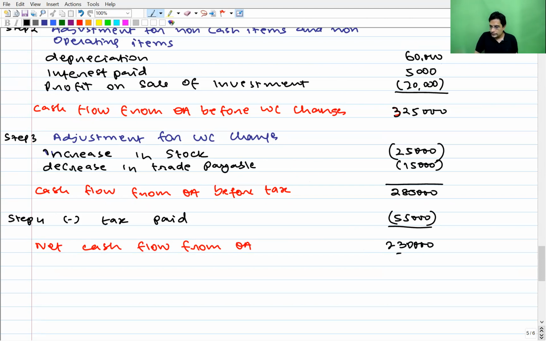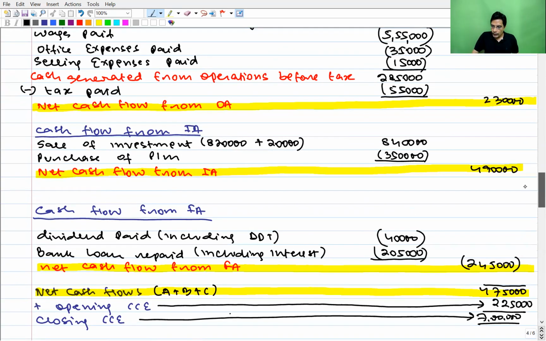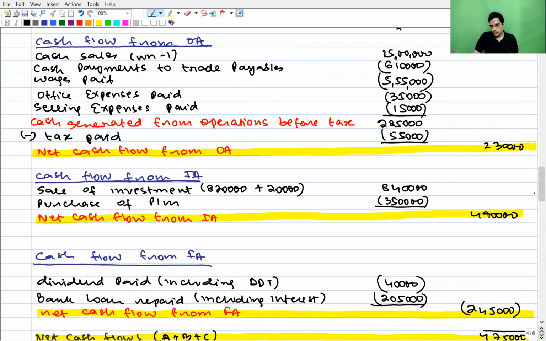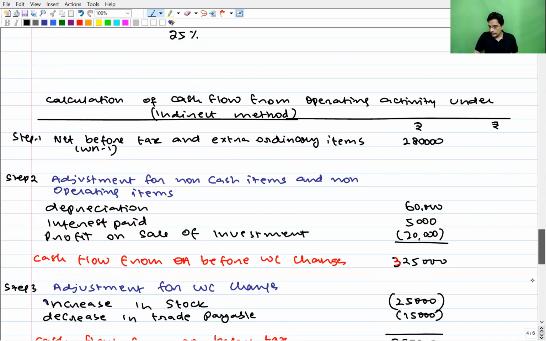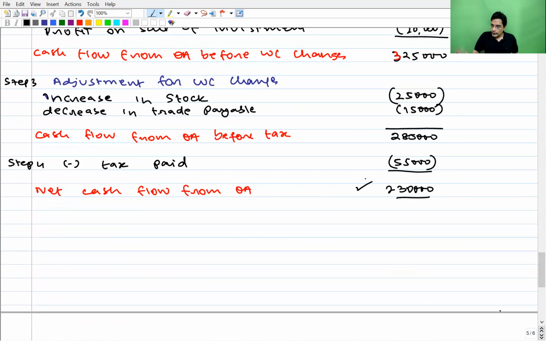Now all the CS guys, one question which every student asks, I will discuss that. But before that, the answer which we got under the direct method, I've written it correct, 2,30,000.